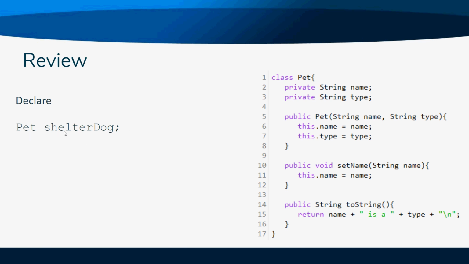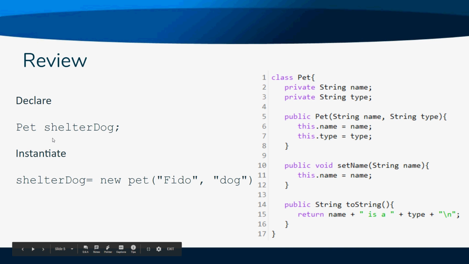So here I can declare a variable called shelterDog, Pet shelterDog. If I'm going to instantiate that, what that means is I'm going to use the new operator. shelterDog equals new Pet Fido, and Fido's a dog. All right, so declare means just give the instance a name. Instantiate means bring it into existence using the new operator.